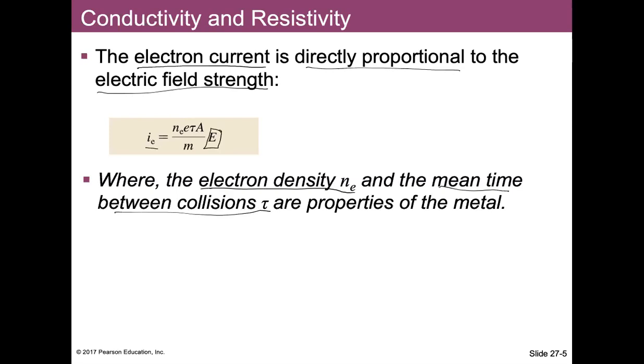Little e, of course, is the charge of the electron. m is the mass of the electron. And A is the cross-sectional area of our conducting surface, usually our wire. All of these together are just a constant, this constant times the electric field. So that tells us that the electron current is directly proportional to the electric field strength.